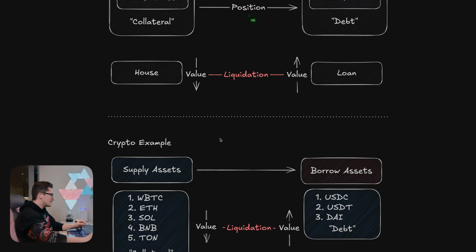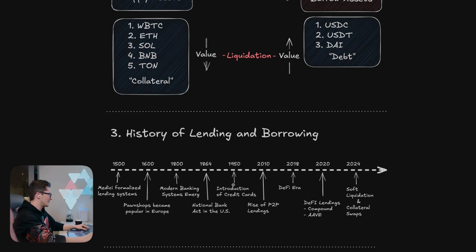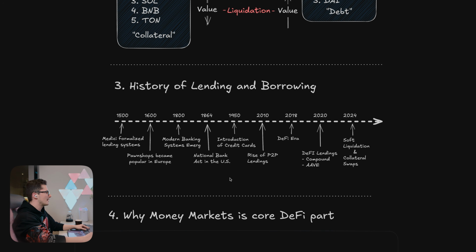So let's go deeper. I would love to tell a bit about the history of lending and borrowing. The history of lending and borrowing started really far, far away. In 1500, the Medici formalized the lending system in general. Then in 1600, pawn shops became popular in Europe.